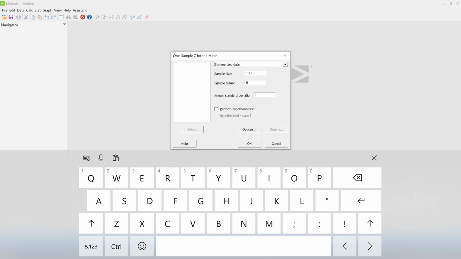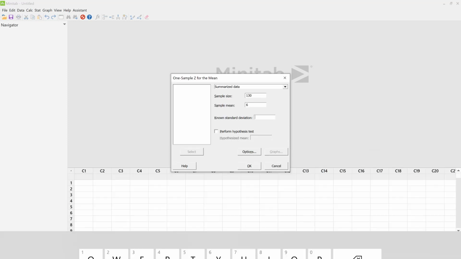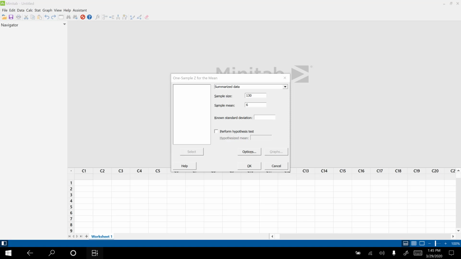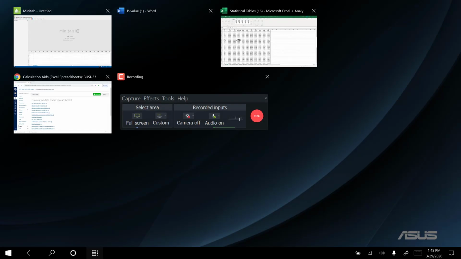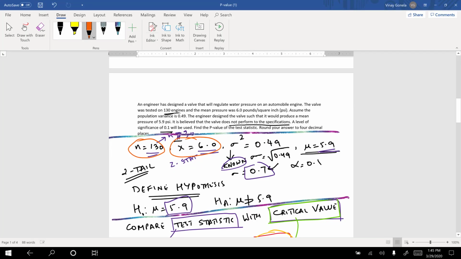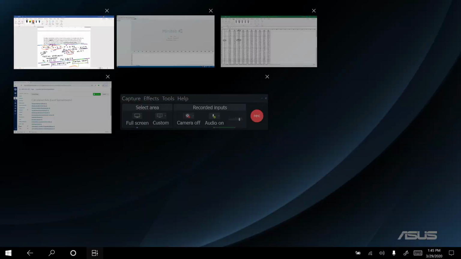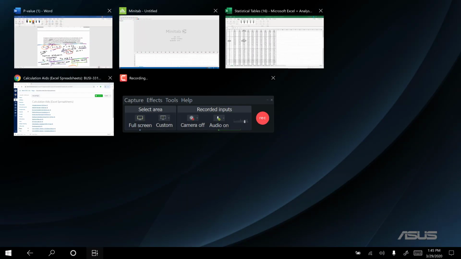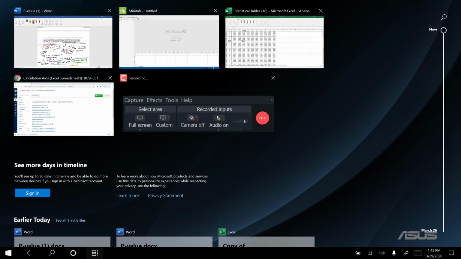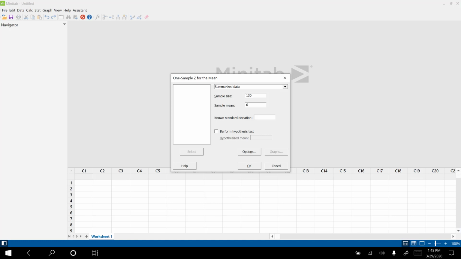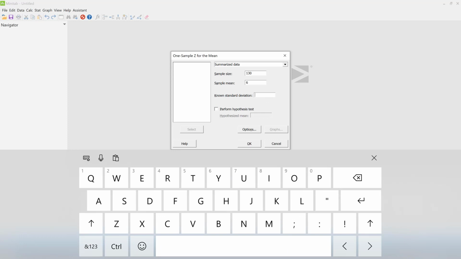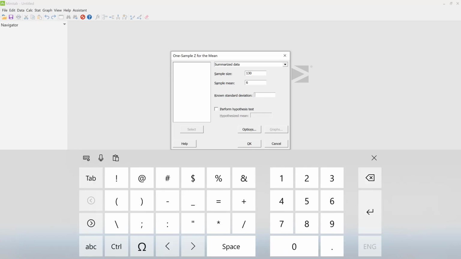And then the known standard deviation in our problem is 0.7.